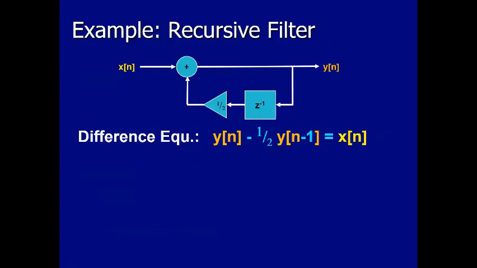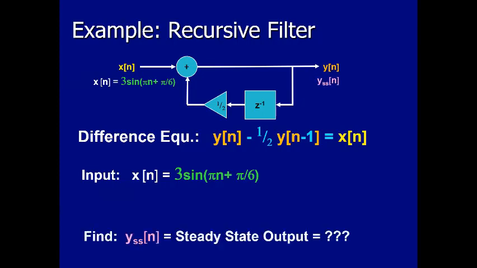We'll take our simple single feedback IIR filter, y of n minus 1/2 y of n minus 1 equals x of n. And we'll put a discrete time sinusoid into this system, 3 sine of pi n plus pi over 6. And I want to know, for that signal, what's the steady state response?